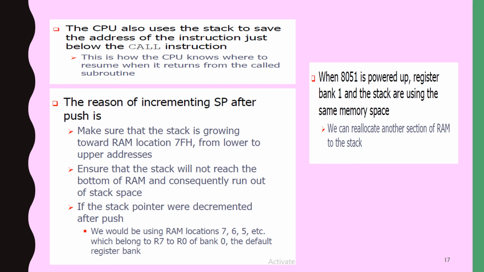If the stack pointer were decremented after push, we would be using RAM location 765, which belongs to R7 to R0 of bank 0, the default register bank. When the 8051 is powered up, register bank 1 and the stack are using the same memory space, so we can reallocate another section of RAM to the stack. So that is also possible.